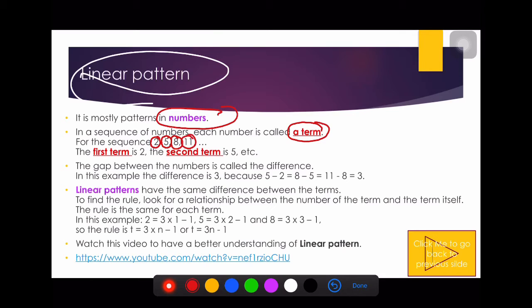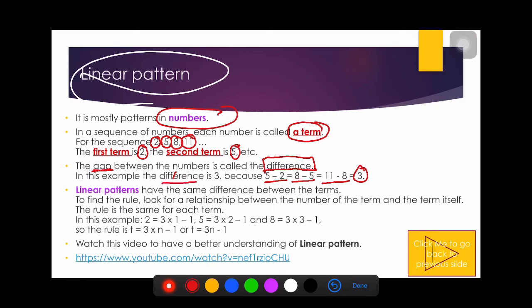The first term is 2, the second term is 5, etc. The gap between the numbers is what we call the difference. In this example, the difference is 3, because 5 minus 2 equals 8 minus 5 equals 11 minus 8, which is 3. So the gap or the difference is 3.